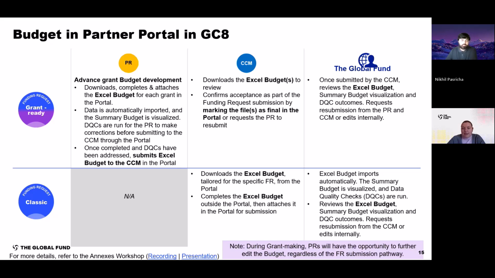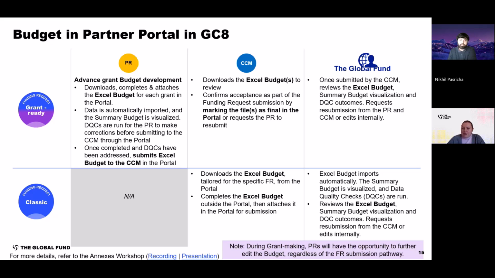And yet again here, the Excel budget is tailored specifically to the funding request with all the relevant information already captured in the form. The CCM then completes the Excel budget, also in the consultation with the in-country stakeholders, and the moment that the version is final, the CCM can attach that final version in the portal for submission.